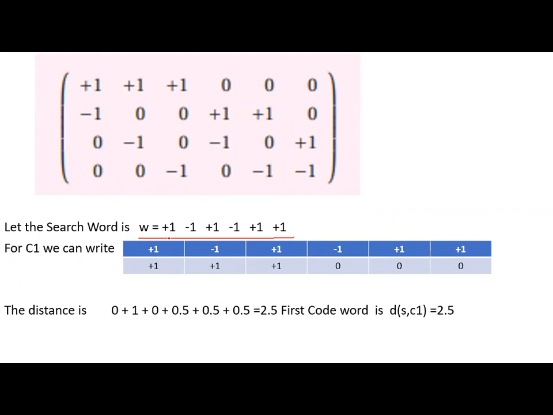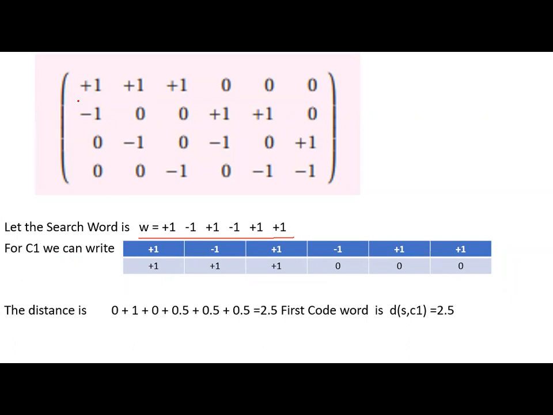If you search, this is not there in the 4 codes. The first is not there, second, third, fourth, not there. So we have to calculate the distance.